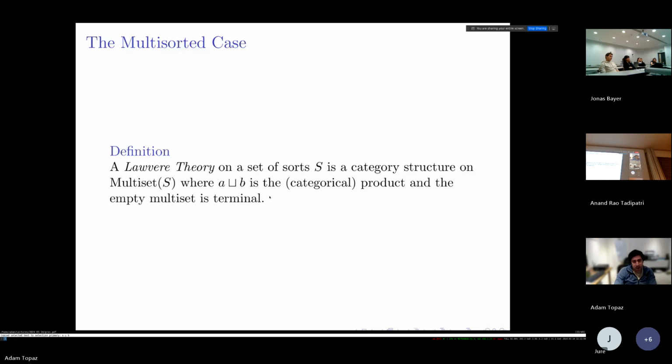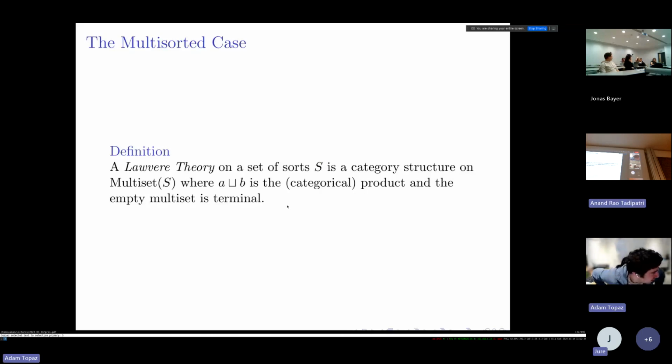For example, if you want to model the theory of modules over rings, this set of sorts would have two elements, one for the module, one for the ring. Does that make sense to everybody?